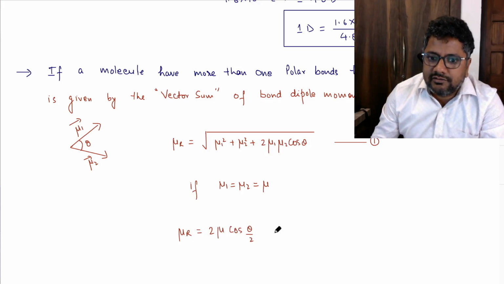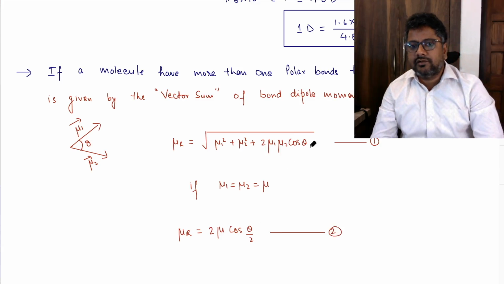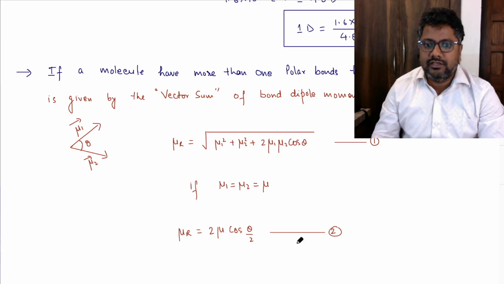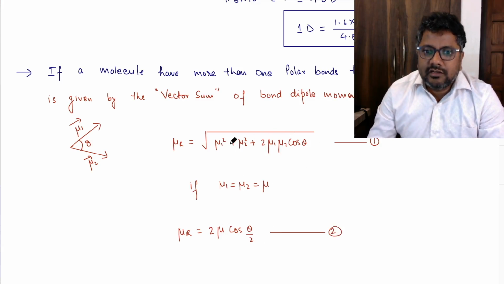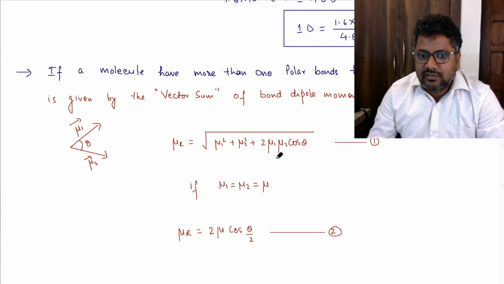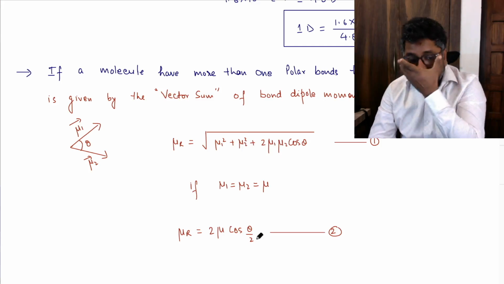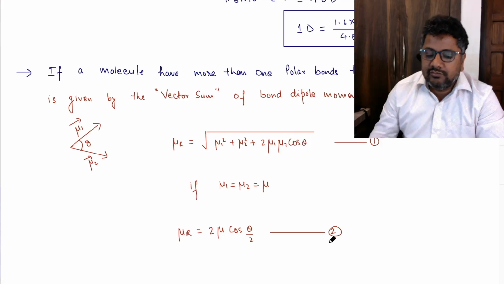So this is equation 2. This is mathematics, and all of you know this formula. Put in mu square plus mu square plus 2 mu square cos theta, and you will get mu r is equal to 2 mu cos theta by 2.